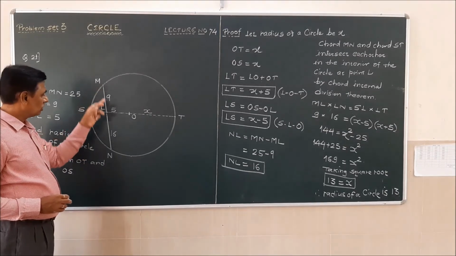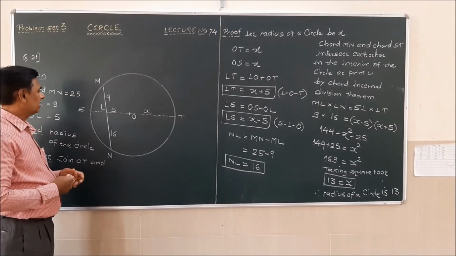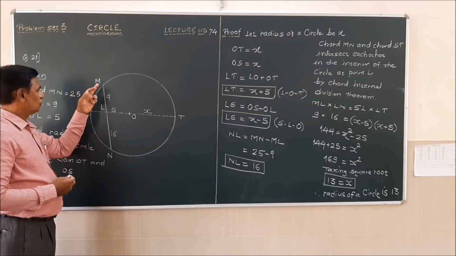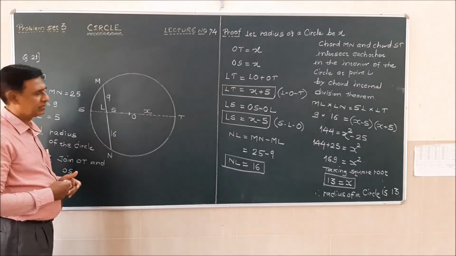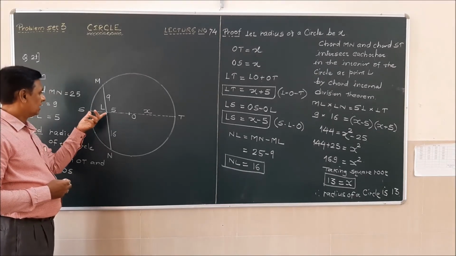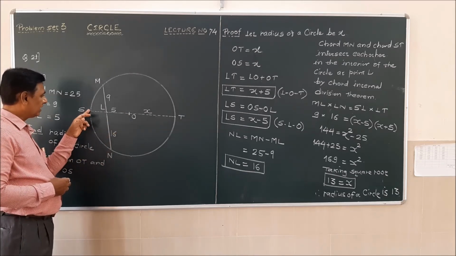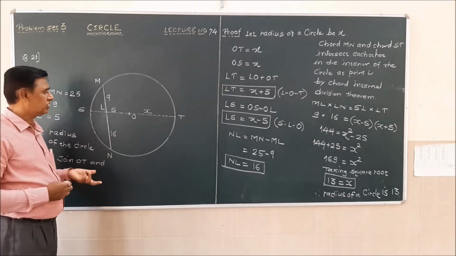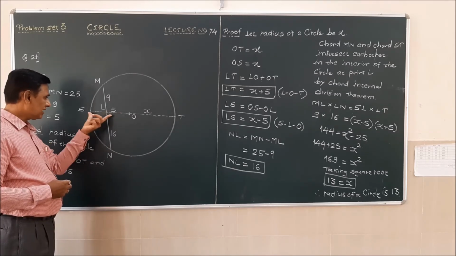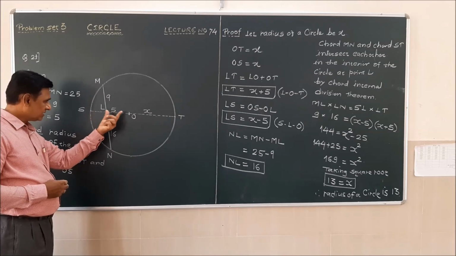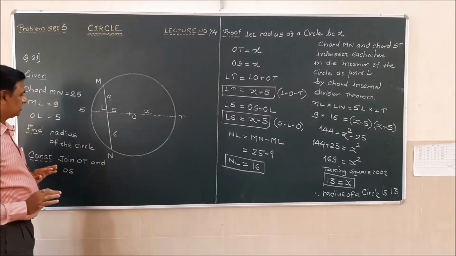Total MN is how much? 25. So 25 minus 9, you'll be getting LN as 16. Next, SL we have to get, but we know OS is also x, because OS is also a radius. So to get the value of SL, x minus 5 is equal to SL.